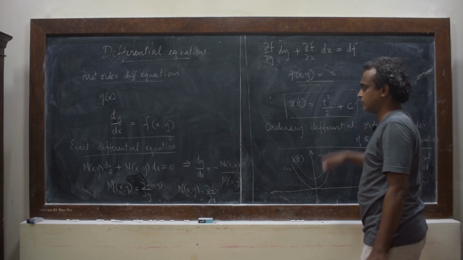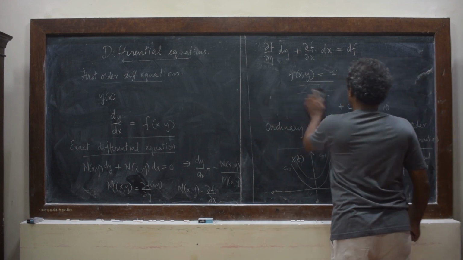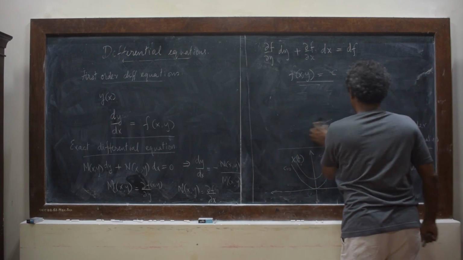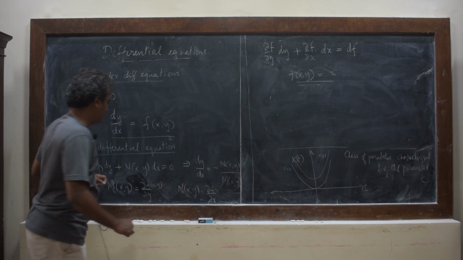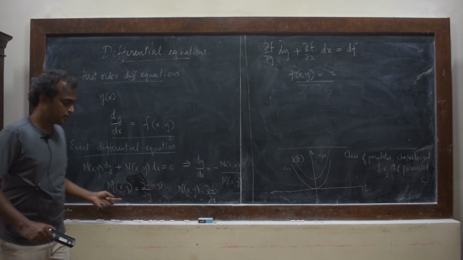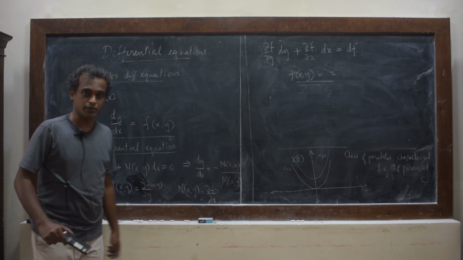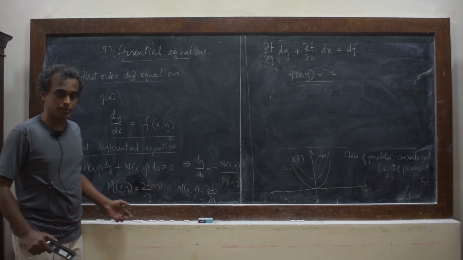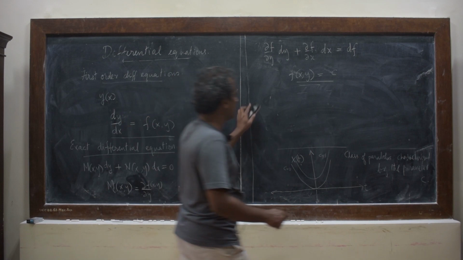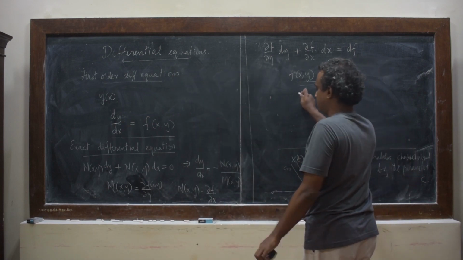So, the solution will be of this form. Now, how do we know whether our given differential equation is of this form, where m and n have this special form in terms of a function of x and y? Well, if m and n have this particular form, then they must obey the following.